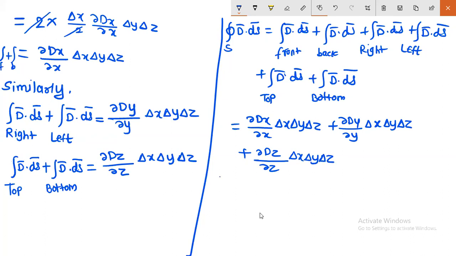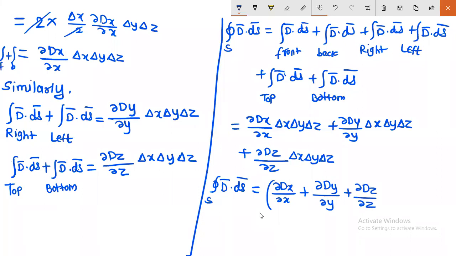Okay, so this closed surface integral of D dot dS is equal to, now this delta x delta y and delta z is common here, so I'll take this outside. So the remaining quantities are ∂Dx/∂x plus ∂Dy/∂y plus ∂Dz/∂z into delta x delta y and delta z.